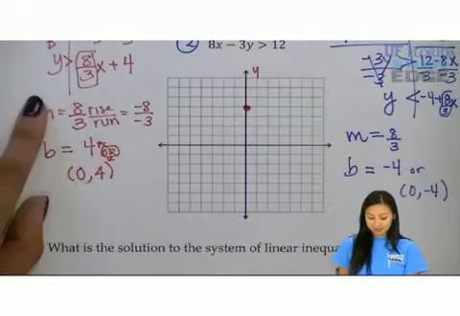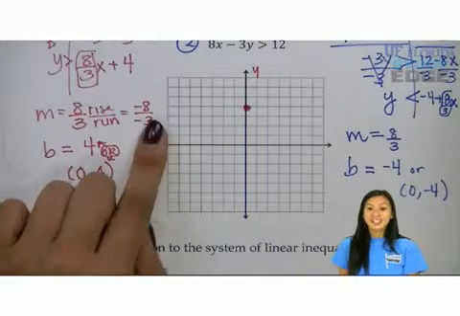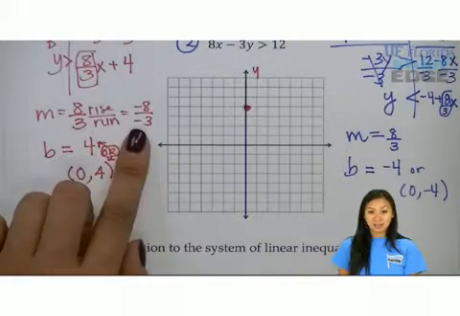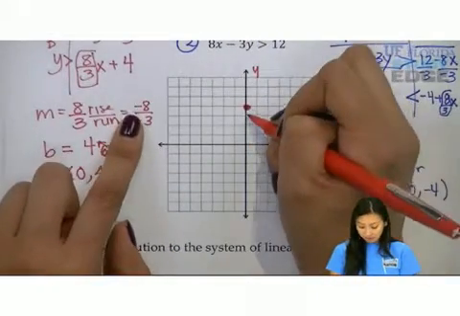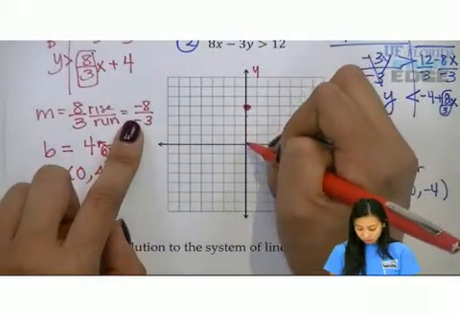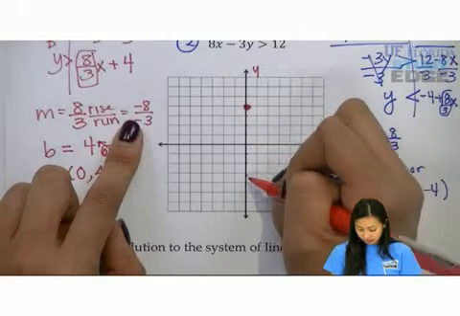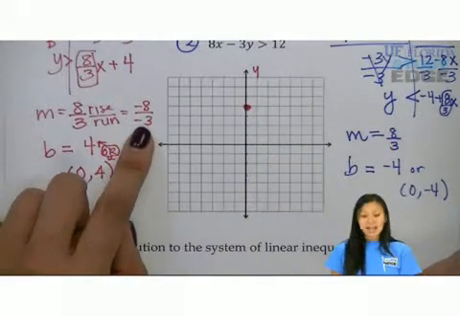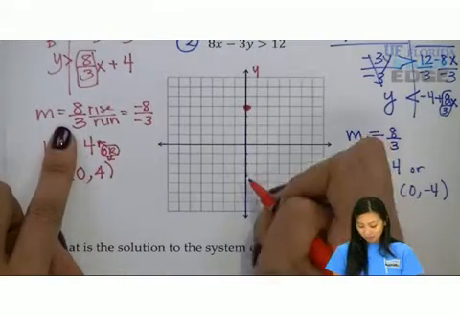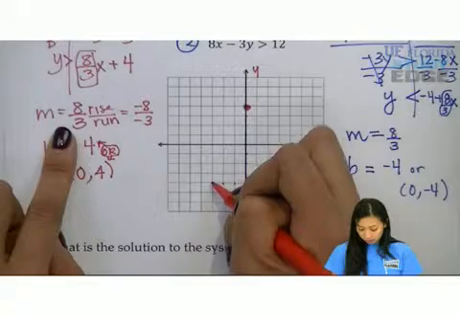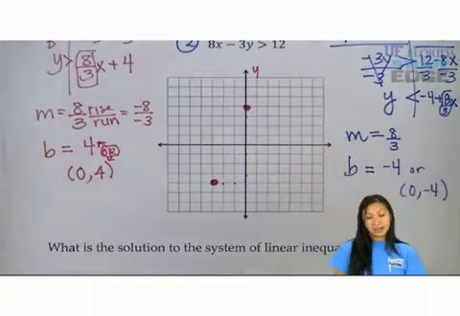Because two negatives make a positive. So that's just a different way of writing the same thing. So instead of going up 8 spaces, I could go down 8 spaces: 1, 2, 3, 4, 5, 6, 7, 8. But now I have to go to the left 3 spaces, because now that's a negative, right? So 1, 2, 3. All right, I have my 2 points.